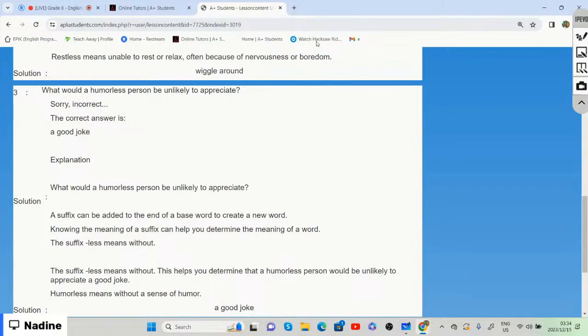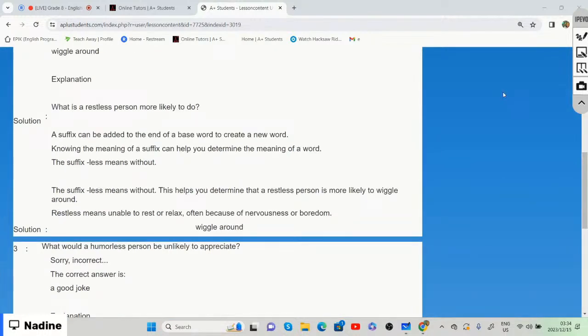So humorless person. So a humorless person is often a good joke they would likely appreciate, right? So a good joke they would likely appreciate.